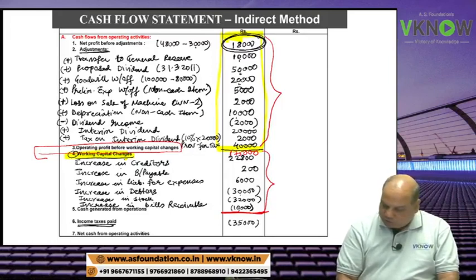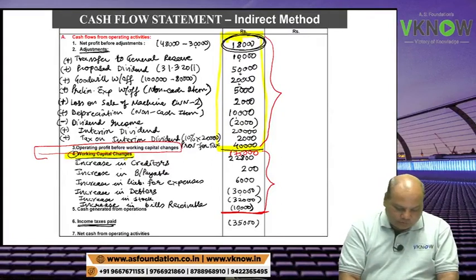1,75,000 plus 22,800 plus 200 plus 6,000 minus 30,000 minus 32,000 and minus 10,000.